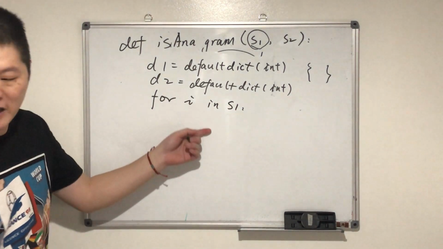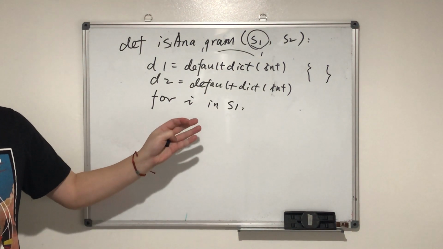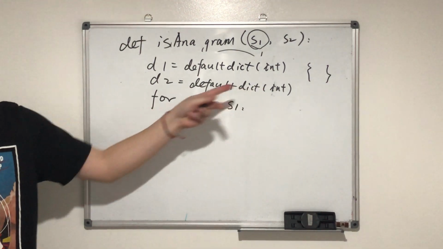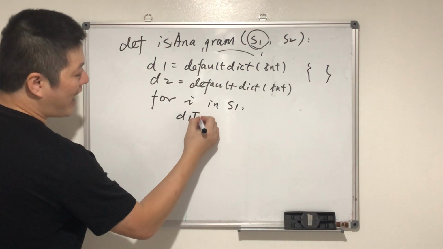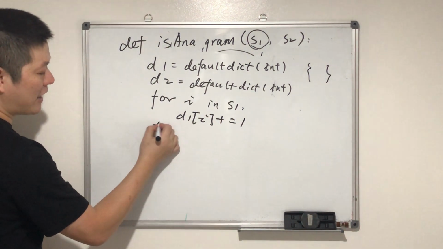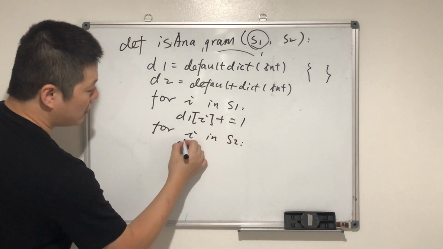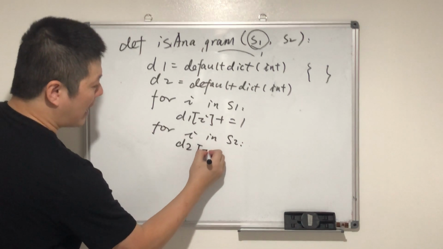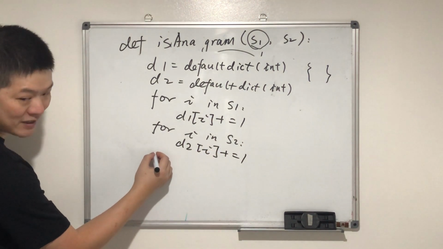Instead of checking whether this key appears in the dictionary, we don't need to check it. This is the beauty of using the defaultdict. We can just do D1[i] += 1. And then the next one: for i in S2, we iterate over the string, D2[i] += 1.